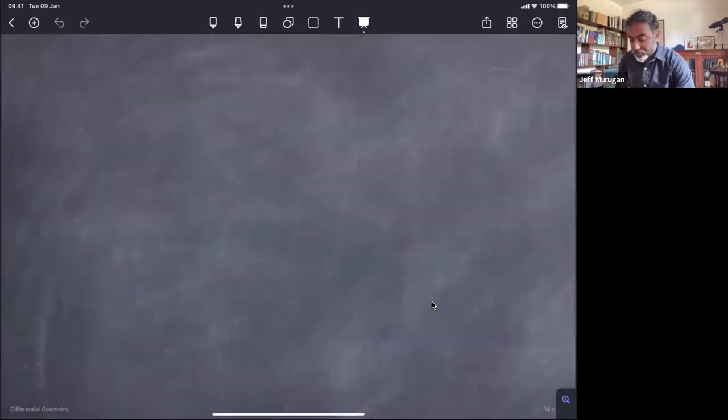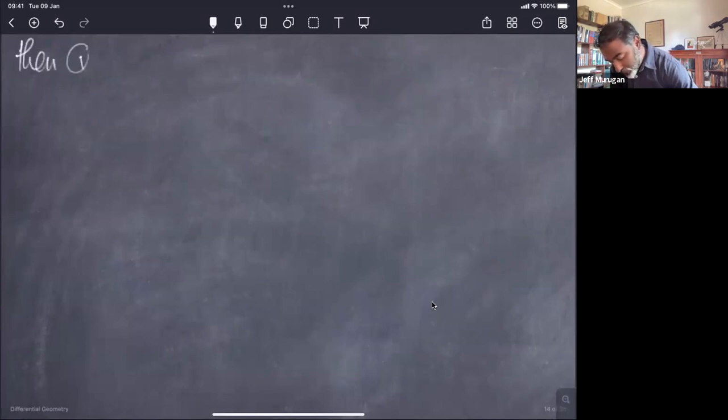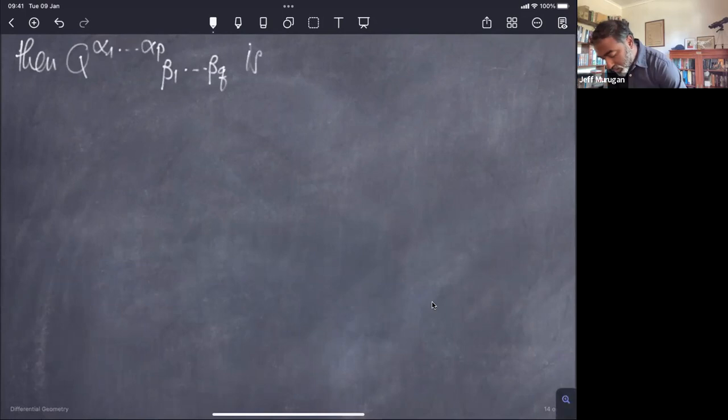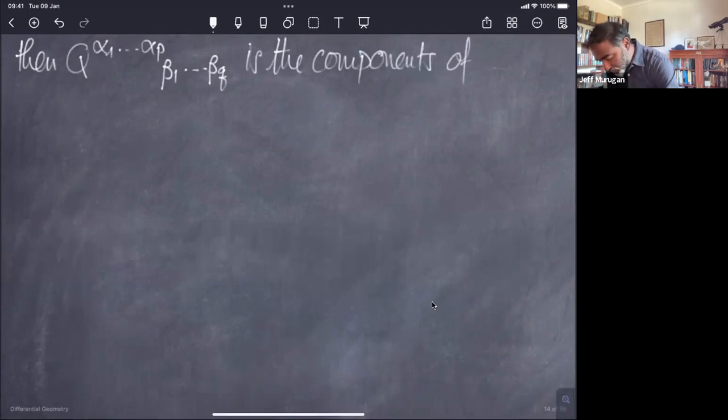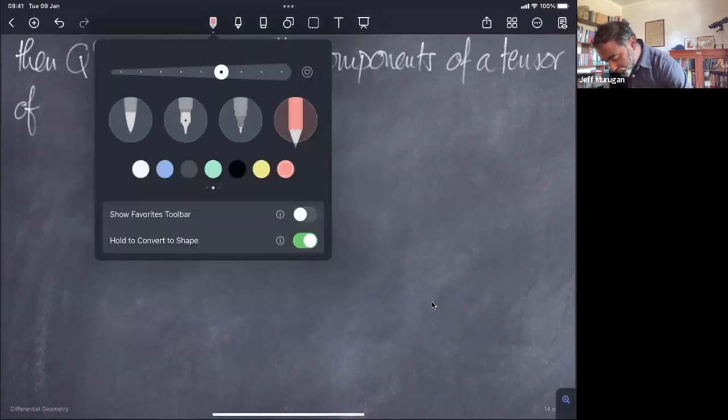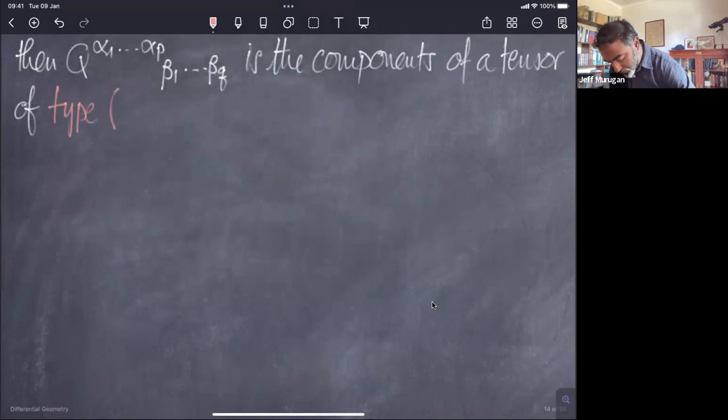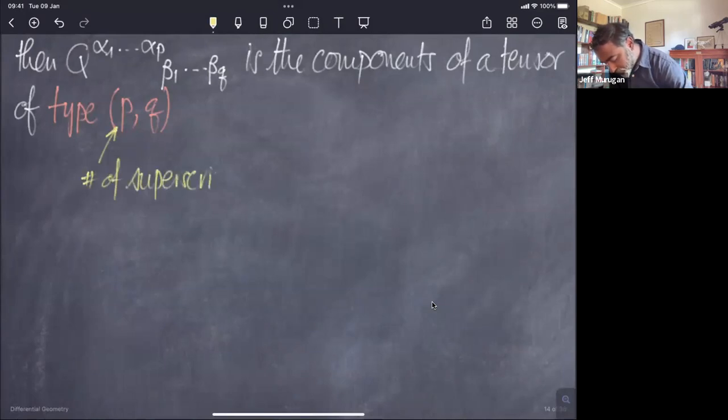So Q alpha 1 through alpha P, beta 1 through beta Q is the components of a tensor of type P Q. This corresponds to the number of superscript indices and the number of subscript indices on the tensor components.